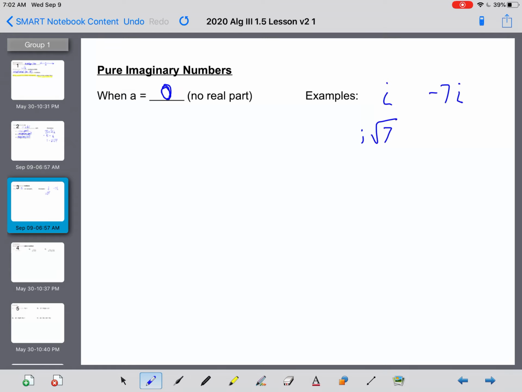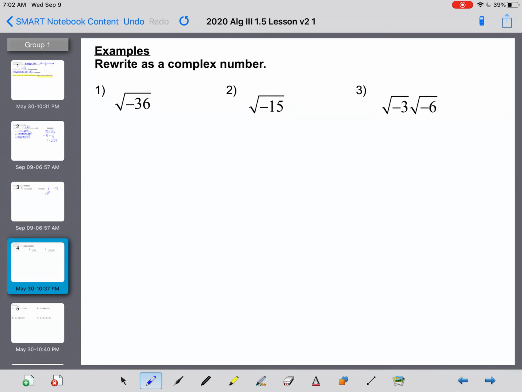Okay, let's get to writing some of these up in complex number form here. So the key basic fact about the imaginary unit is that I equals the square root of negative 1. And the second key fact that we're going to use is that I squared is negative 1. So we're going to use those facts here.